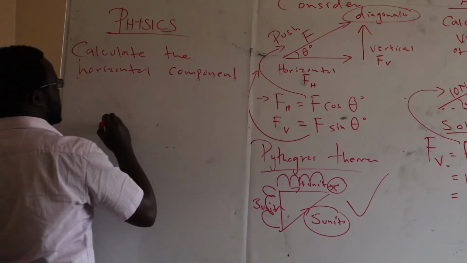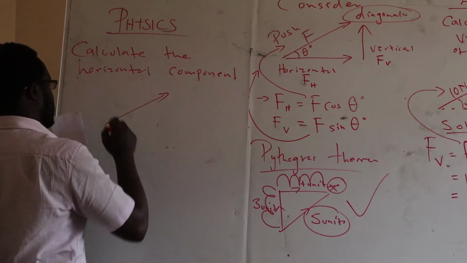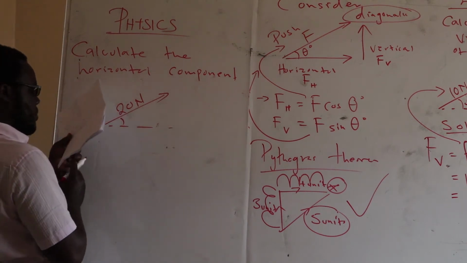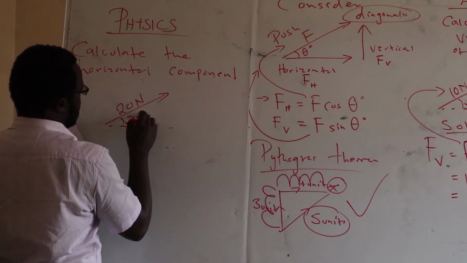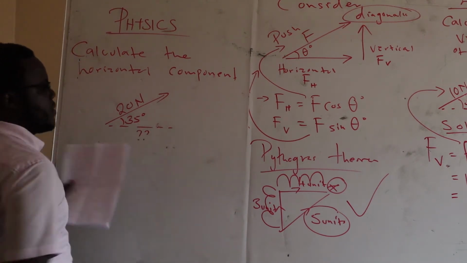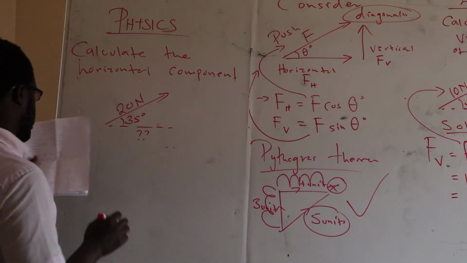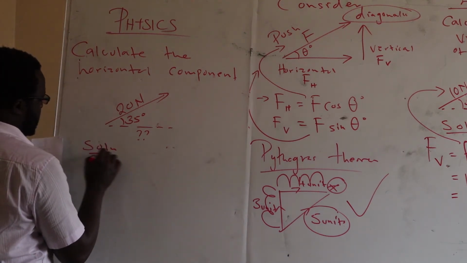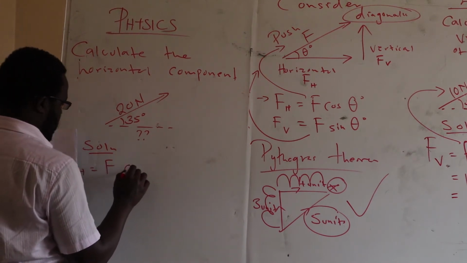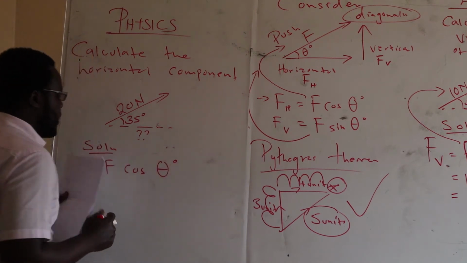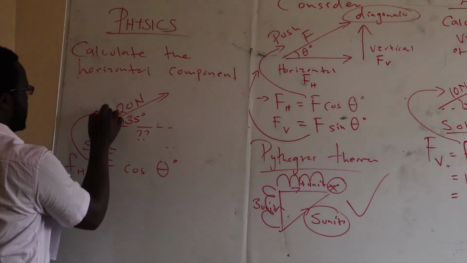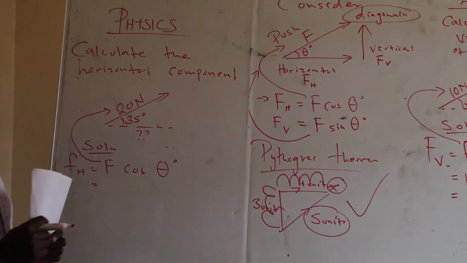We have a diagonal push of 20 newtons, and the relative angle between the ground and the push is 35 degrees. And then you ask how much force will be experienced horizontally on the surface. Then we have this as the solution: FH is equal to F cos theta, where F is the original diagonal push of 20 newtons.